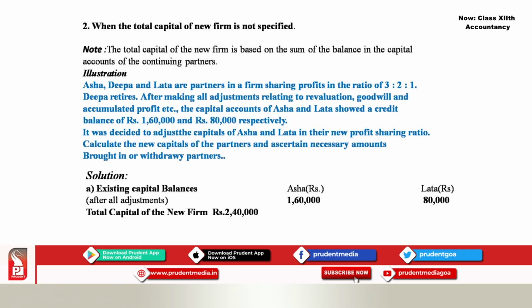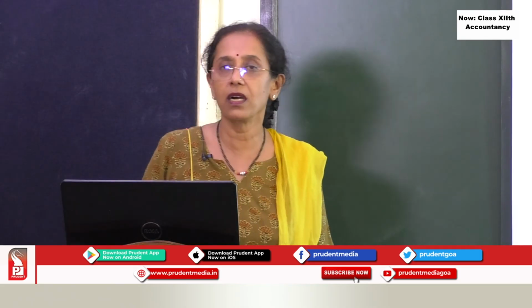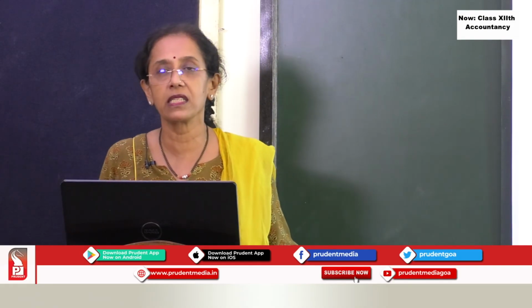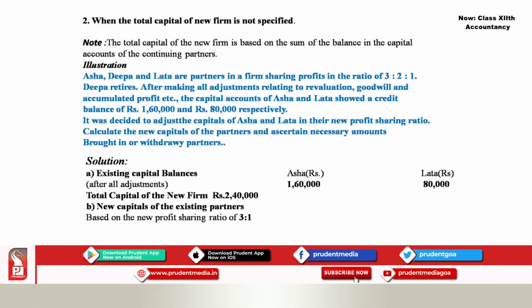Now who retires there? Deepa retires. Okay, so the middle partner retires. So what are the closing capitals between the partners when this is the situation? The new profit sharing ratio is the same as the old ratio. You have already learned that, I don't have to explain it. Okay, so in 3:1 we distribute 2,40,000. So this is how we calculate 3/4 of 2,40,000 and 1/4 of 2,40,000.